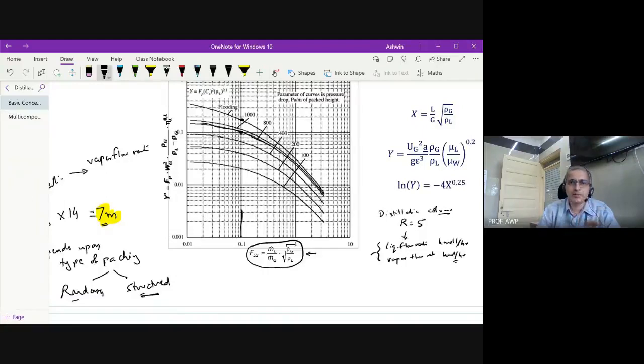That means at this 0.1, the y-axis should be, let's say, 0.1. Now what does the y-axis depend on? It depends on the gas velocity, rho g by rho l, mu l raised to 0.1, and the packing factor. Once you choose a packing factor, and you know the flow rate, you know the gas velocity. So can you not calculate the diameter?